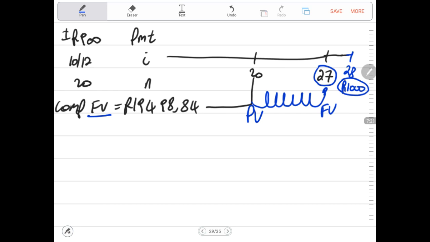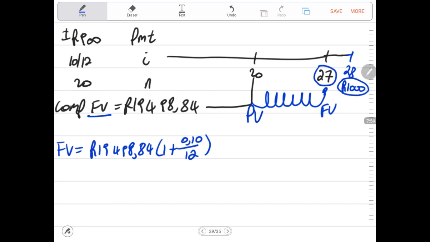So now we can again use our formula and say future value is equal to 19,498 rand 84 cents times (1 plus 0.10 divided by 12). Obviously it will be month 21, 22, 23, 24, 25, 26, 27. That means this will definitely have to be to the power of 7.